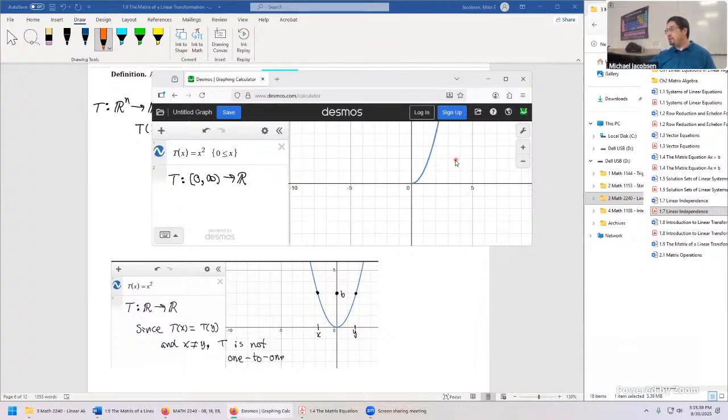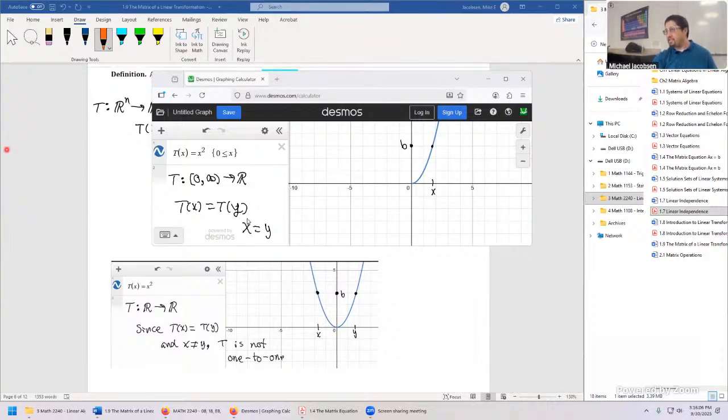And this is the function now. Now this time, if you pick a random vector, here's your b vector, there is at most one input x that's going to satisfy. So if T of x equals T of y, we know something about y automatically. It has to be equal to x. There's no other way to make this equation work out.